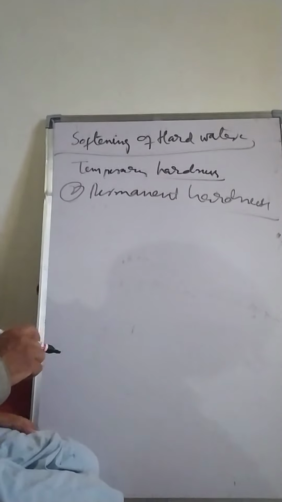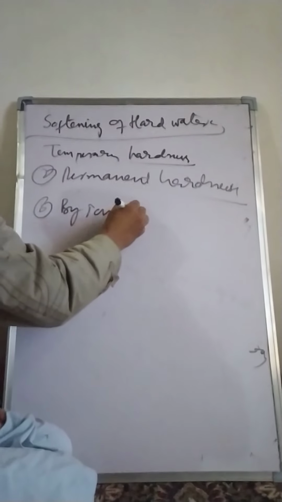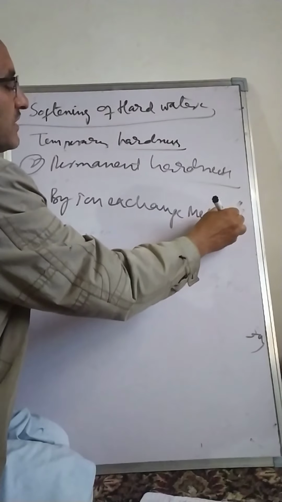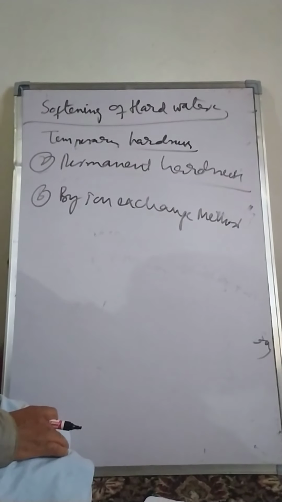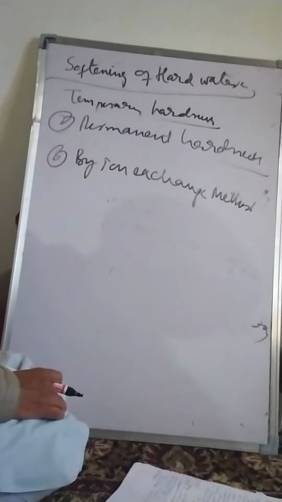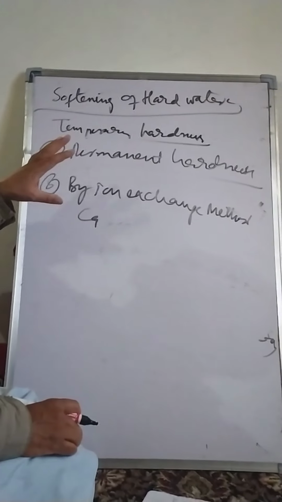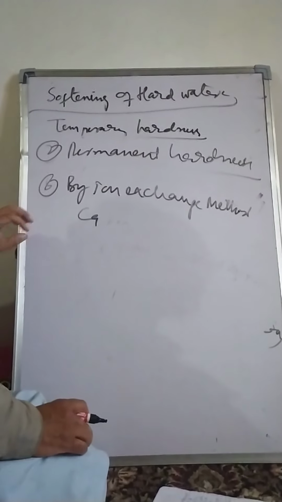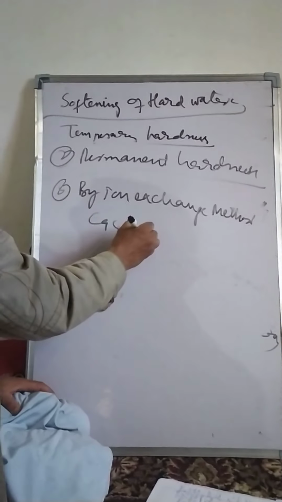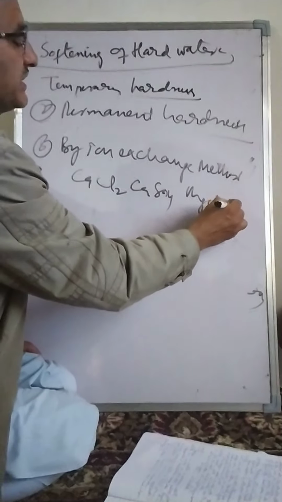Then we have another method, which is the ion exchange method. In the ion exchange method, the cations, calcium and magnesium, are replaced by sodium. We have calcium chloride, calcium sulfate, which is permanent hardness, or magnesium chloride or magnesium sulfate.